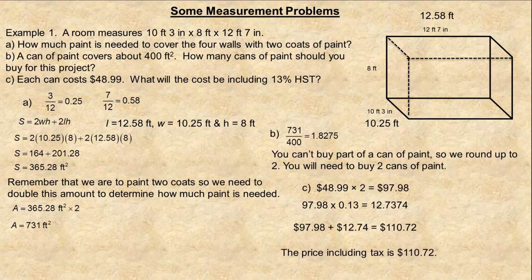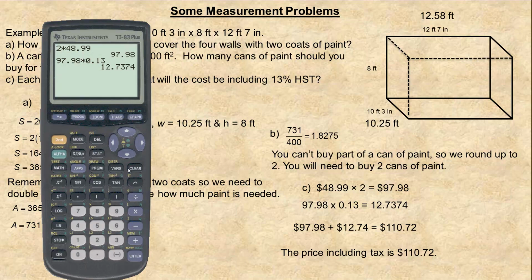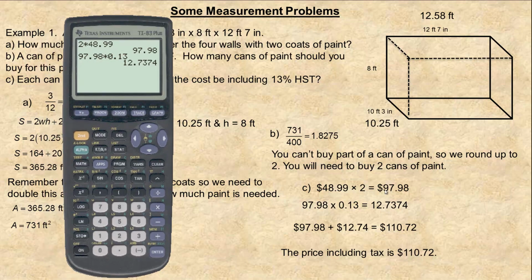Now I do want to show you a slightly different way to do this calculation. This is the amount that we're adding tax to, to get the final price. Because we're finding 13% and then adding that on, that is the same as finding 113% of something. So here's a shortcut. If you're ever working in a store, this might come in very handy.